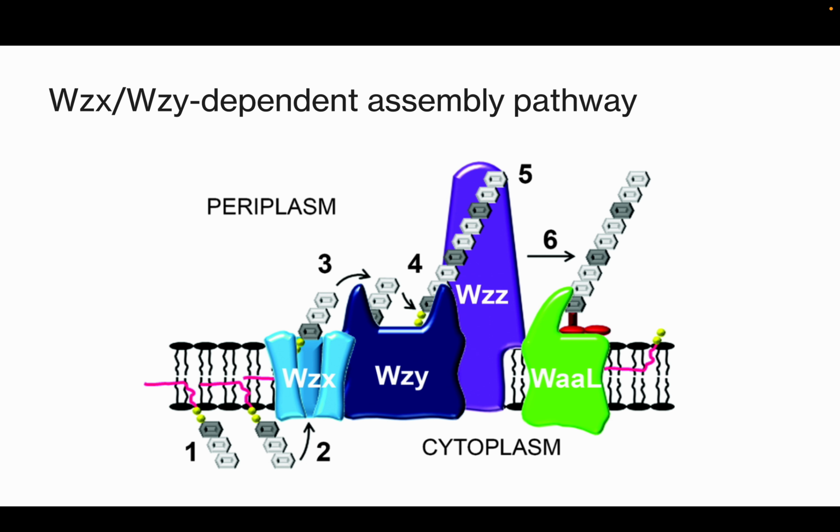So how is polysaccharide synthesized in bacteria? There are many studies on this already, but what I will be emphasizing is the most universally conserved pathway for the synthesis of polysaccharides, the WZX WZY dependent pathway.